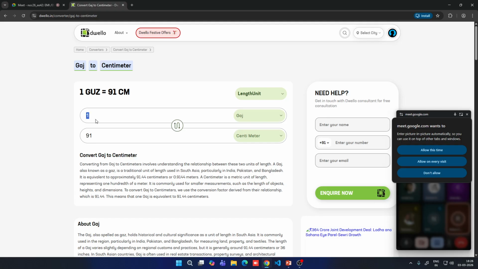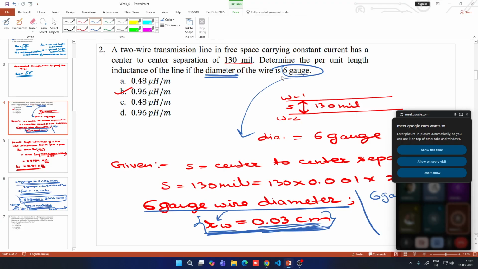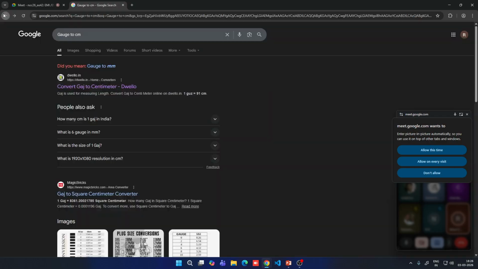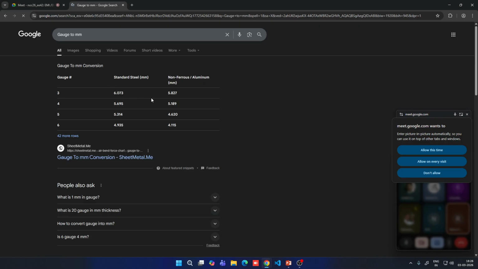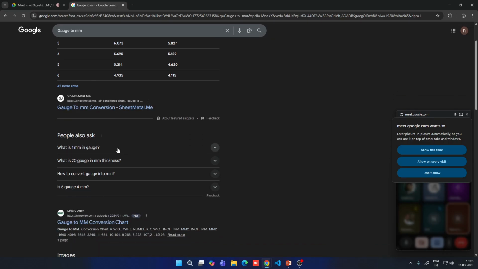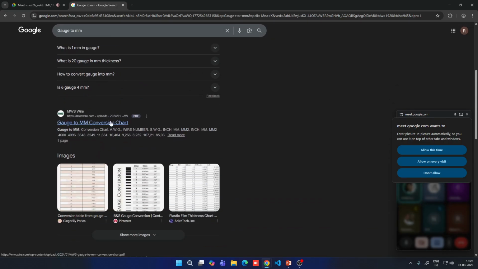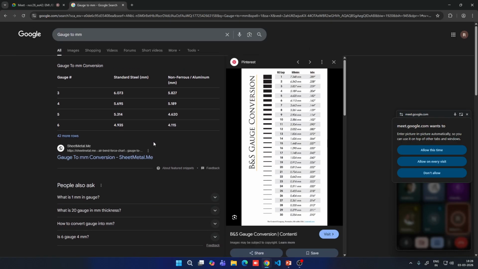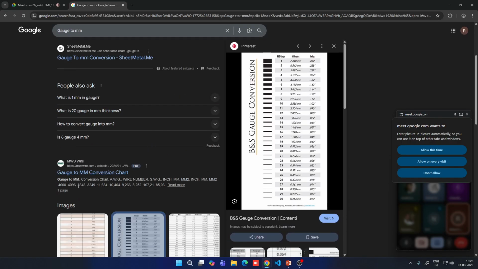Because if you convert, they are given as 6 gauge, and you have taken 3 gauge as radius, right? Yes, sir. So it's converting to something else. So this 3 gauge is something around 6 millimeters. Generally they use it for steel.